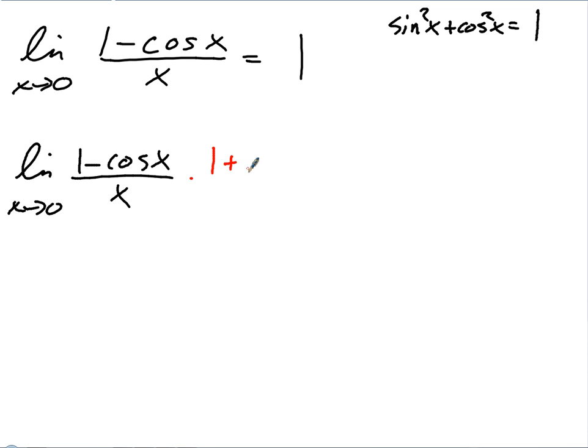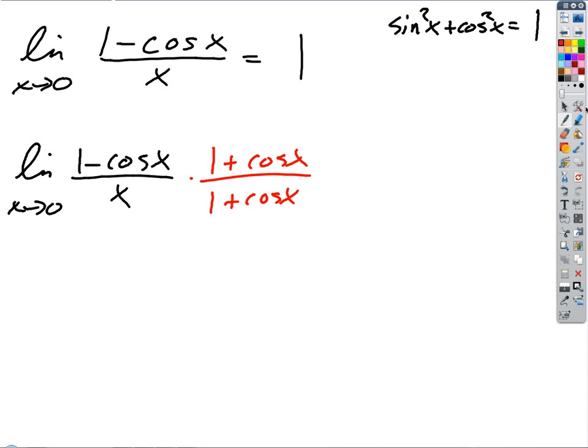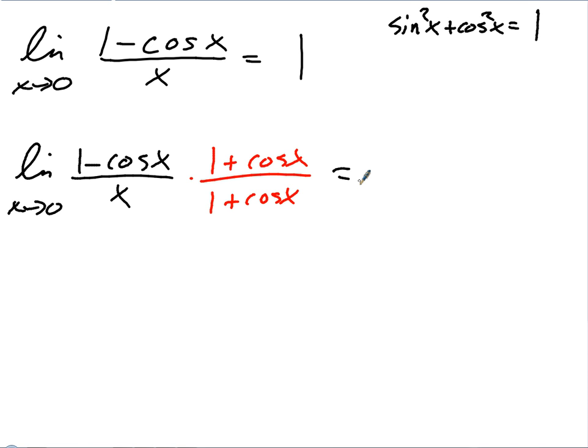So if I multiply by 1 plus cosine x over 1 plus cosine x, look what happens. What's that give me on the top? It's going to be 1 minus cosine squared, and in terms of our Pythagorean trig identity, what's 1 minus cosine squared? There's our sine squared, right? We like to see 1 minus sine squared or 1 minus cosine squared. We can make a trade.